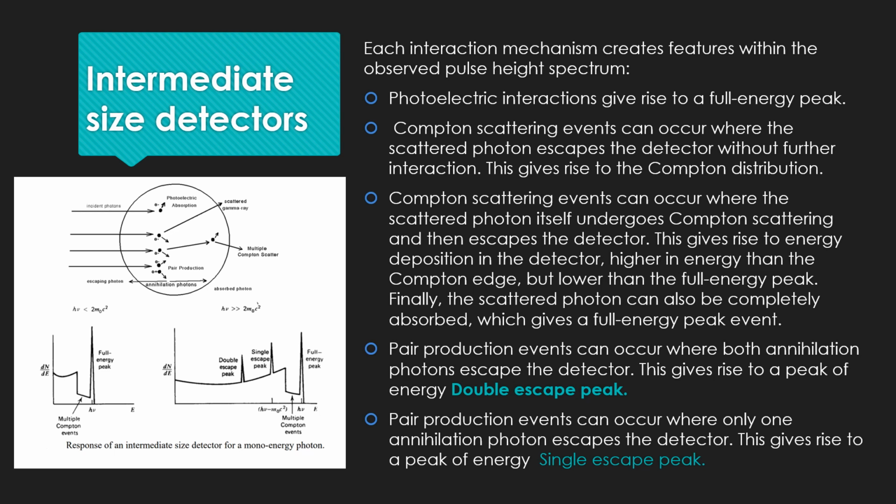The Compton scattering event can occur where the scattered photons escape the detector without further interaction, and this will give rise to the Compton distribution. And also the double escape peak and the single escape peak will appear, as we can see here in the graph below, in addition to the full energy peak.